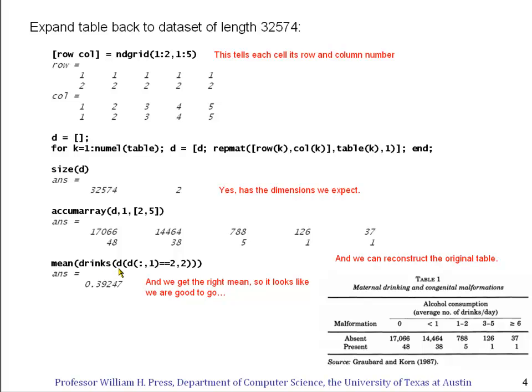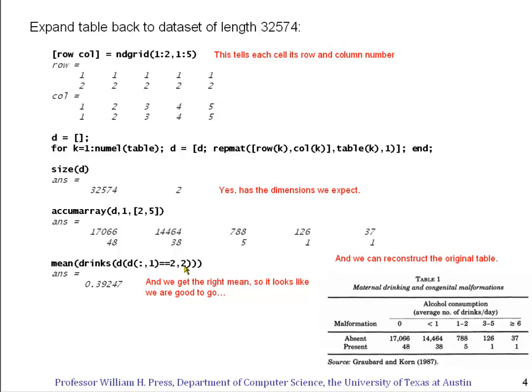I'm going to do that now from this long, skinny matrix D. Well, I'm going to pick out the rows of D that have its first column equal to 2, because that means it will be in the second row of the matrix, because remember the first column of D tells what row it's in, and the second column tells what column it's in. Getting a little bit confusing, but you can stop the lecture and go back and think about that.